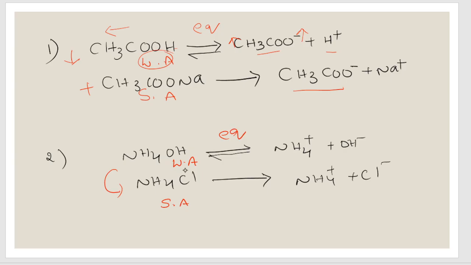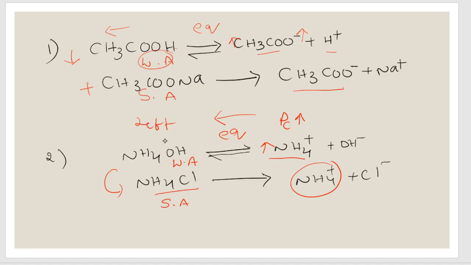When the dissociation of NH4OH is at equilibrium, if we add NH4Cl, which gives ammonium ion, we are increasing the concentration of ammonium ion in that equilibrium. As soon as the product's concentration is increasing, the equilibrium, according to Le Chatelier's principle, shifts towards the left.